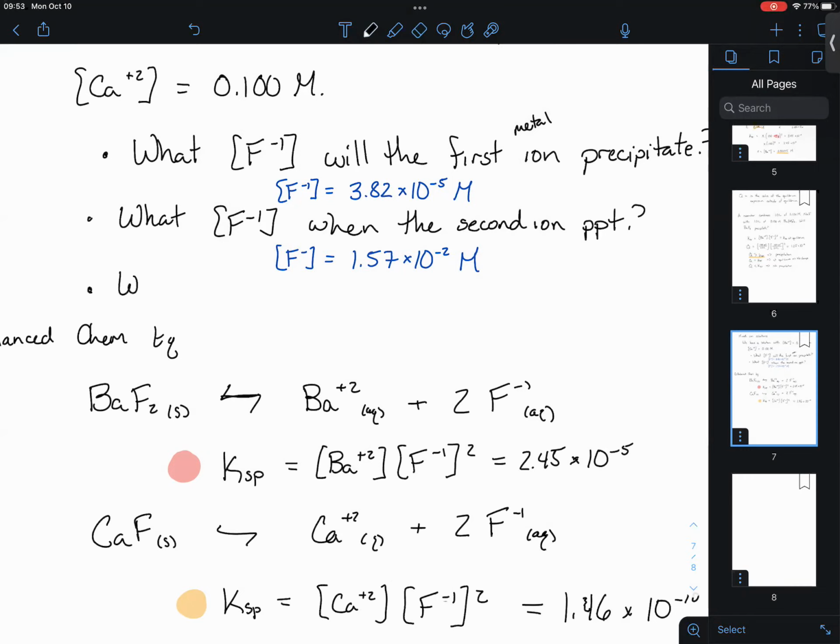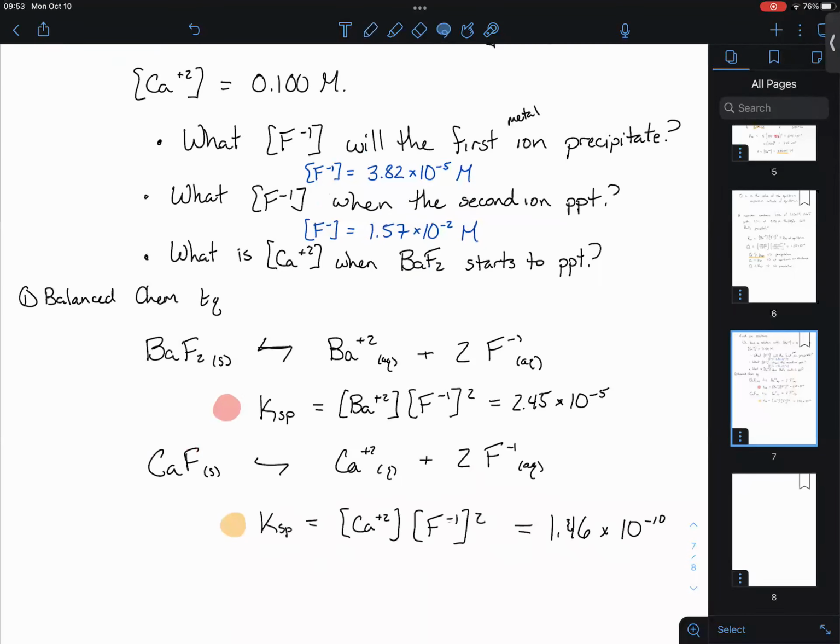Well, what is the concentration of that first ion, calcium, when that second ion, the barium fluoride, starts to precipitate? Right, so I'm essentially asking how much calcium is left over, because I've added a bunch of fluoride and calcium started precipitating first.